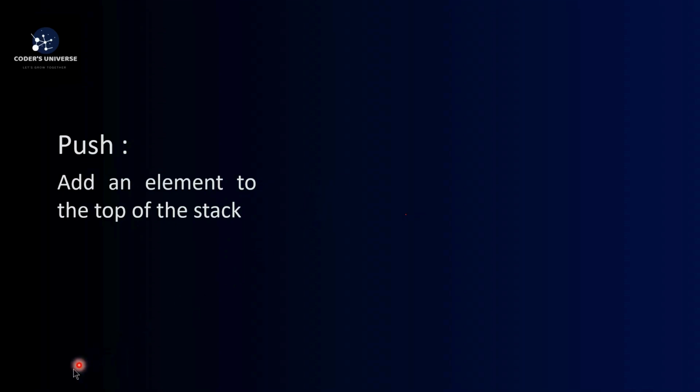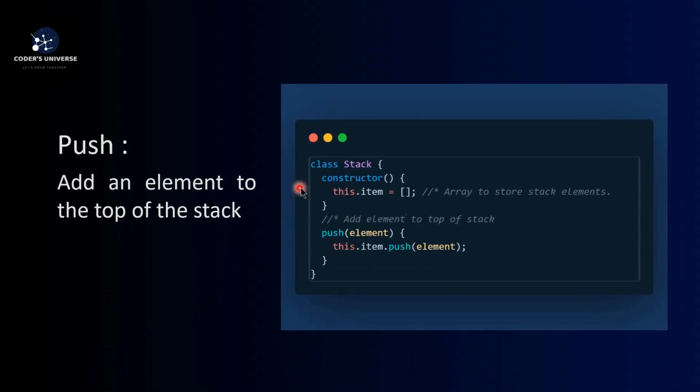Let's see the code. Here you can see there is an array called items, and stack is one kind of array. Here is push. We push the element to this array, and the item will be the top element.